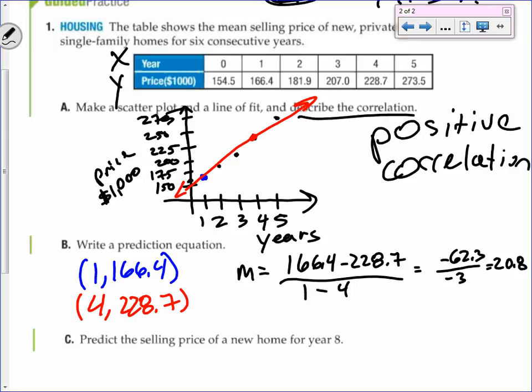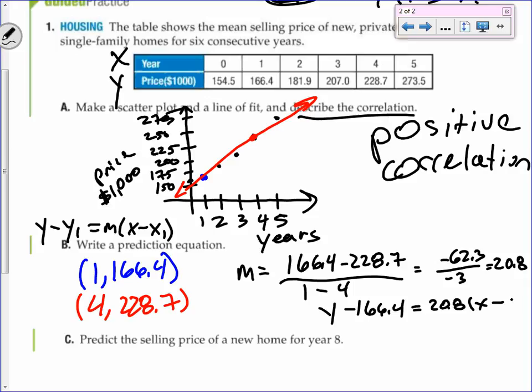Now we need to use our slope and one of our points with point-slope form: y minus y1 equals m times x minus x1. So choose one of the points. I'm going to choose 1 and 166.4. Smaller numbers, a little less scary, right? So y minus 166.4 equals 20.8 times x minus 1. So y minus 166.4 equals 20.8x minus 20.8.